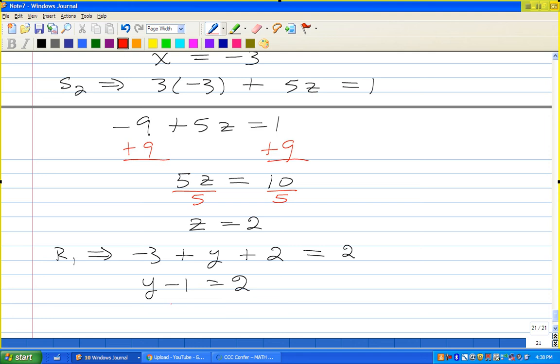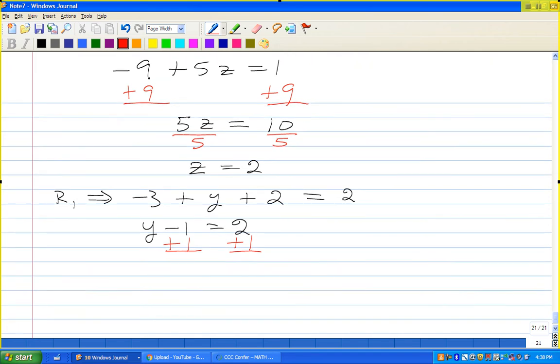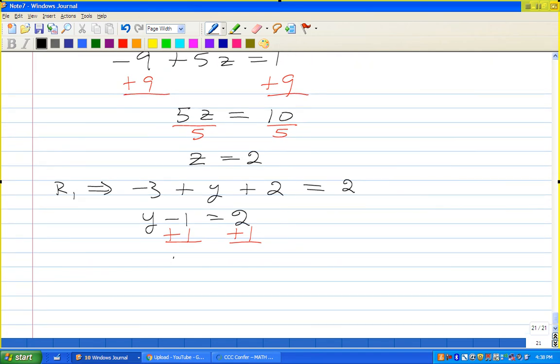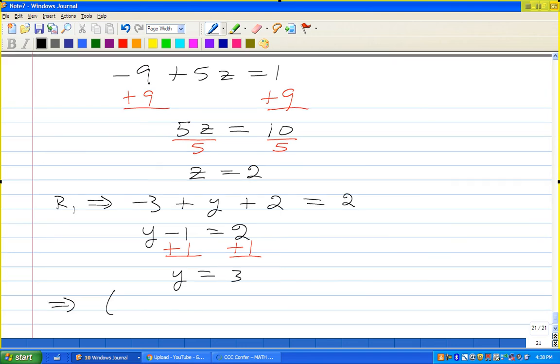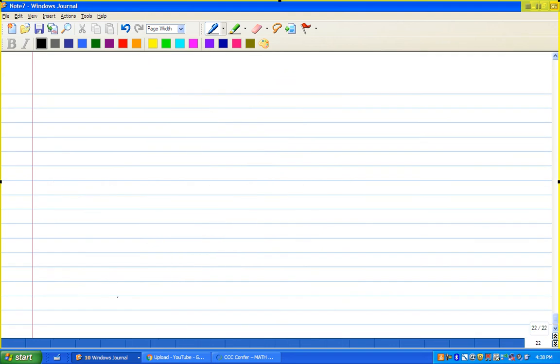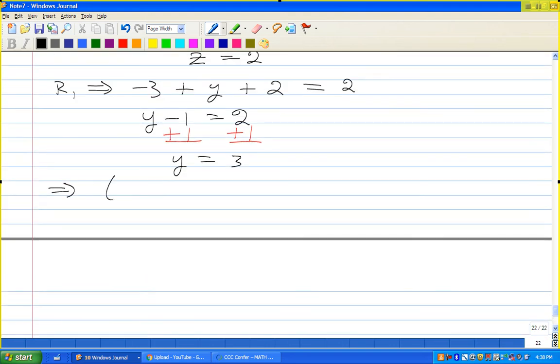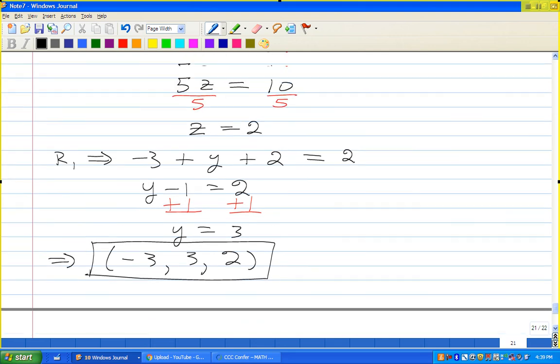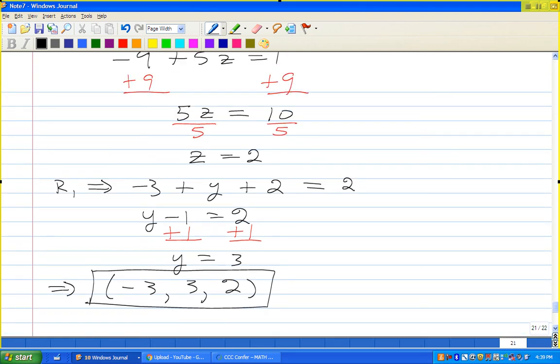Add 1 to both sides of your equation. So y is 3. Therefore, my solution is x, negative 3, y, 3, z, 2. And that is my solution to this system of equations. Okay, good. That's the way they wrote it.